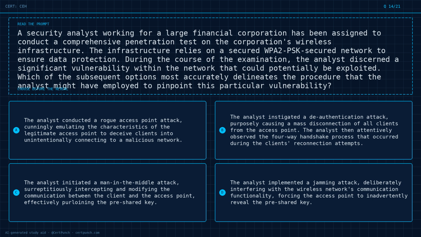Option C. The analyst initiated a man-in-the-middle attack, surreptitiously intercepting and modifying the communication between the client and the access point, effectively purloining the pre-shared key. Option D. The analyst implemented a jamming attack, deliberately interfering with the wireless network's communication functionality, forcing the access point to inadvertently reveal the pre-shared key.